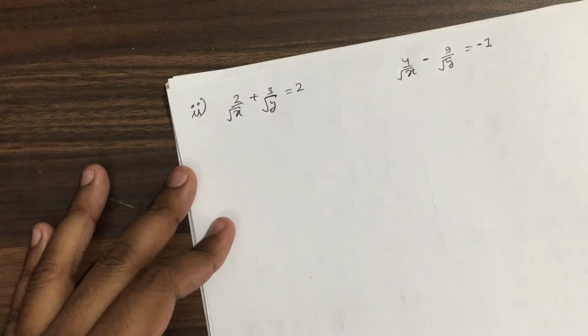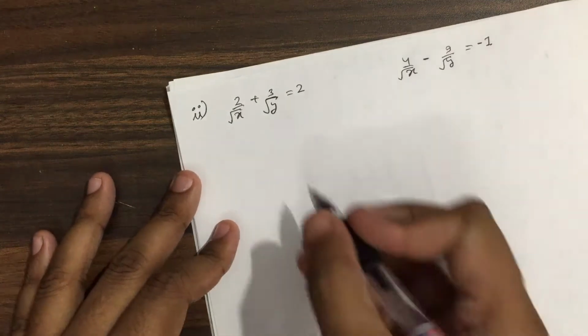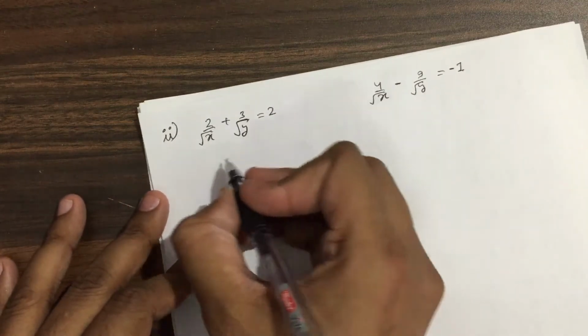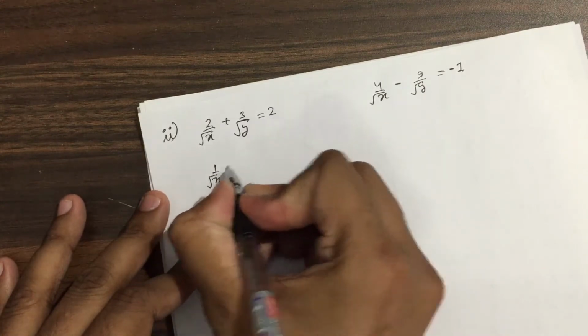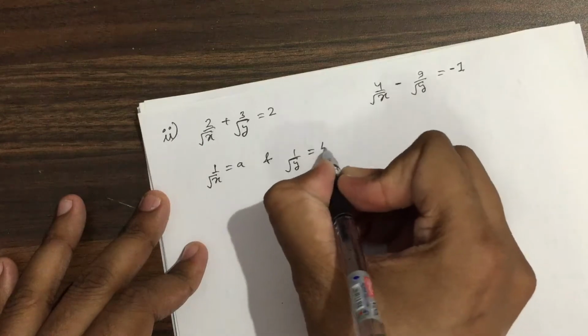Here also they are not in standard form, so we must convert them to standard form first. So we will assume 1 upon root x equal to a and 1 upon root y equal to b.